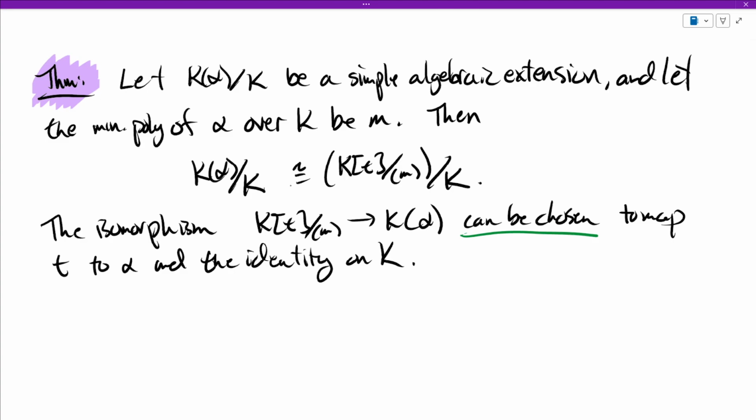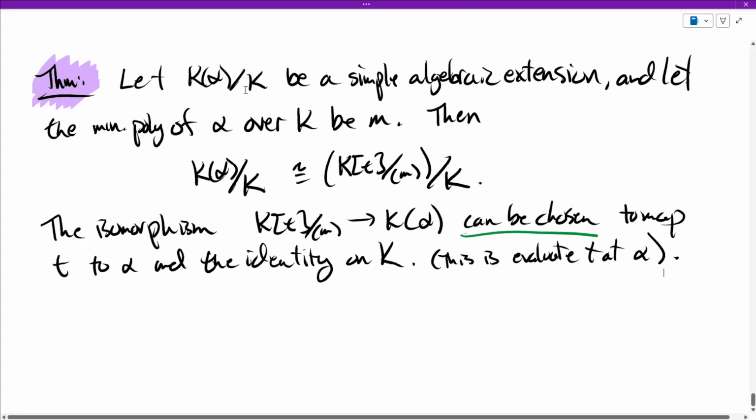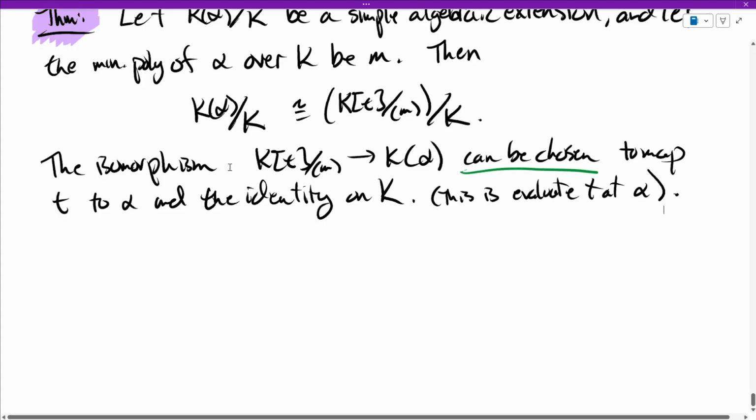But they're saying they are isomorphic, and here's an isomorphism showing it. It's the evaluate t at alpha homomorphism. Okay, so let's go ahead and prove that.